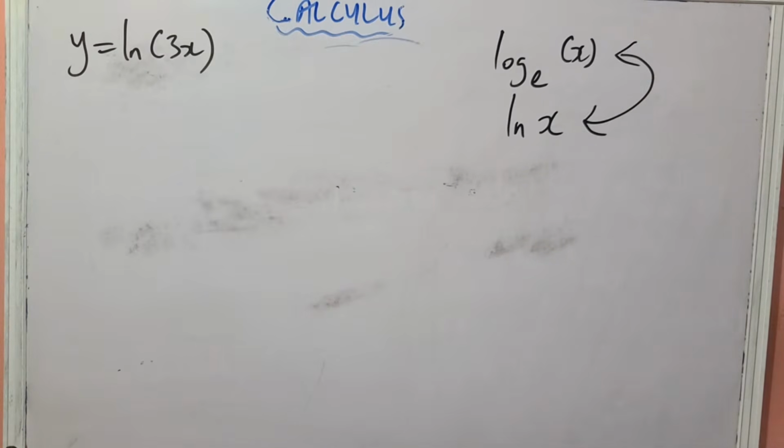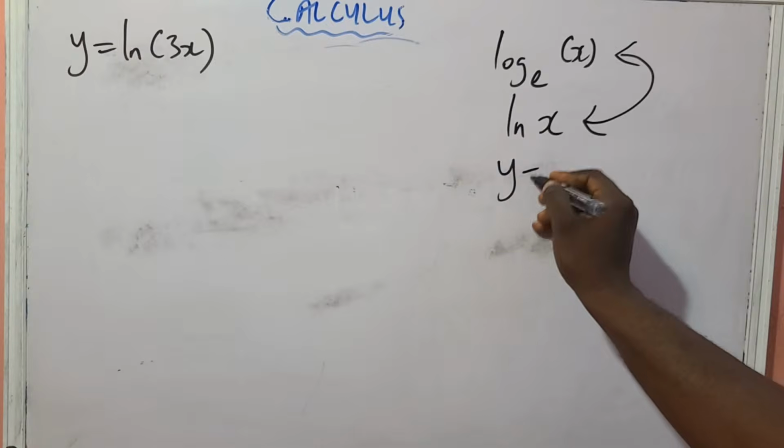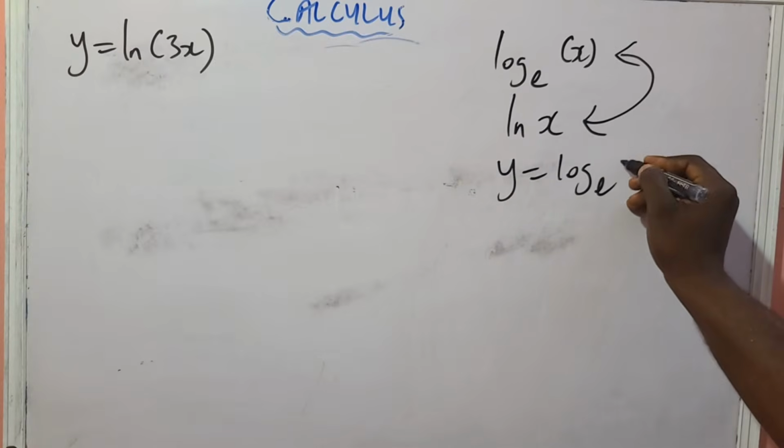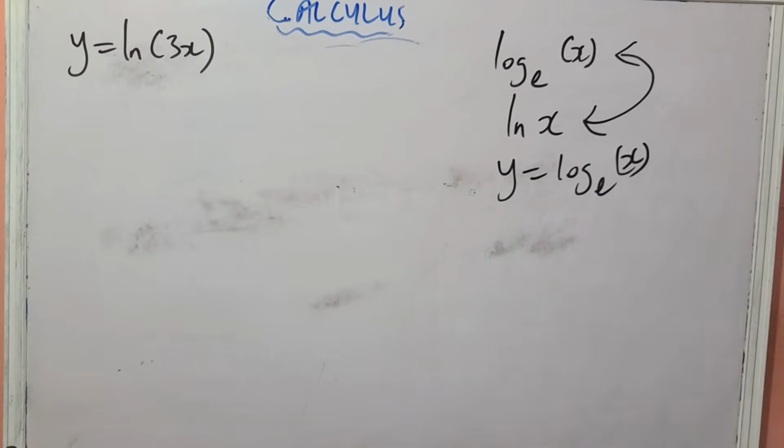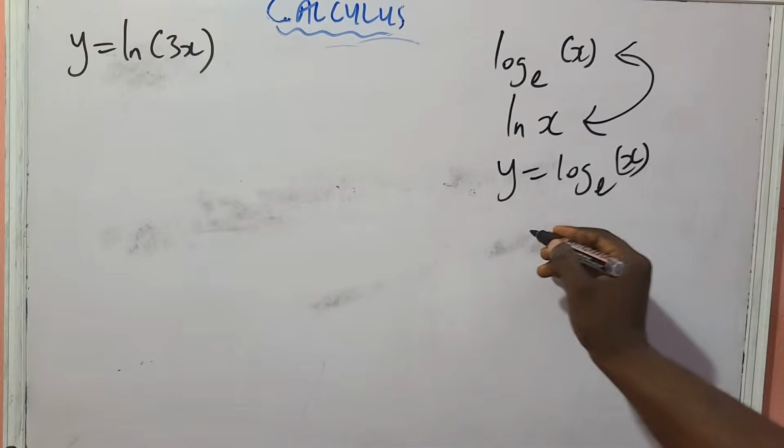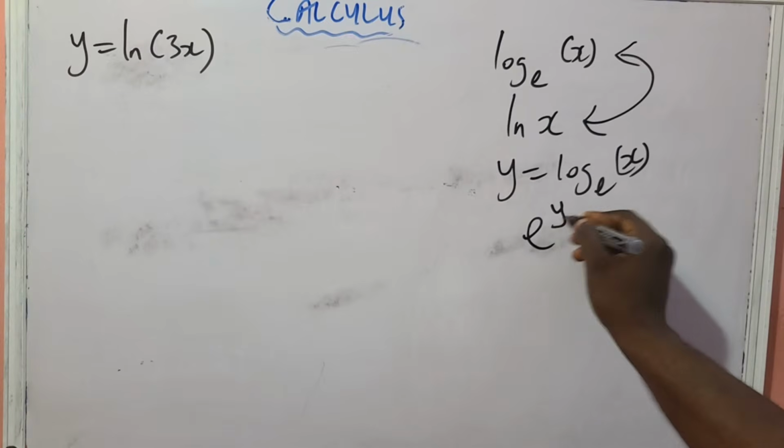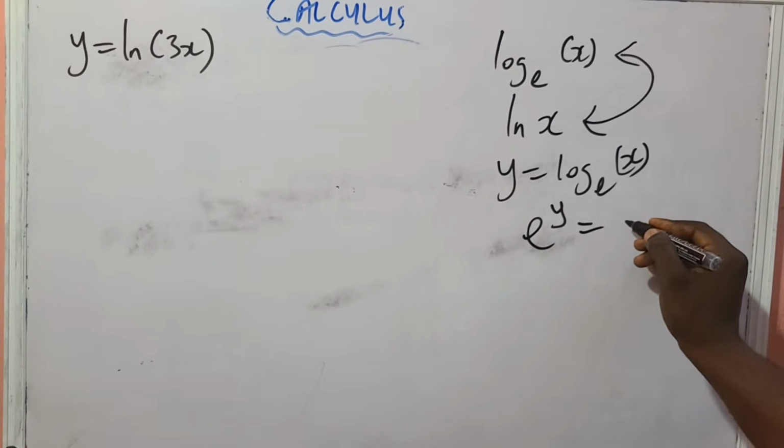This is natural logarithm of x. And it represents the power to which e. Like for instance, imagine I said y is equals to log e x. All right. So I said it represents the power to which e must be raised to equal a given number. So e raised to power y is equals to what? x.